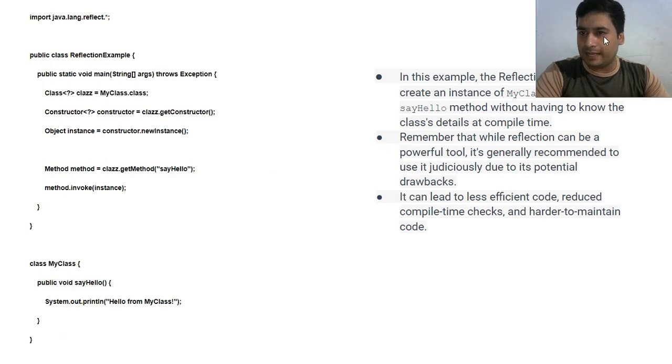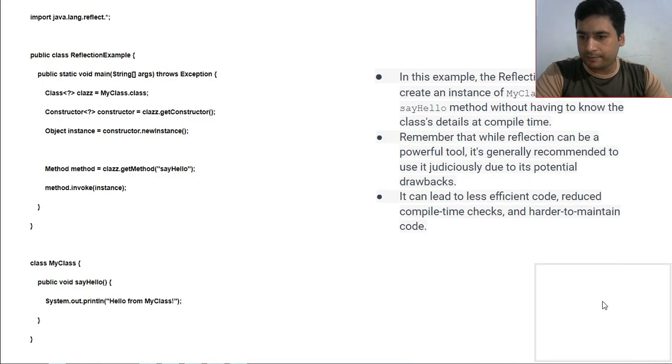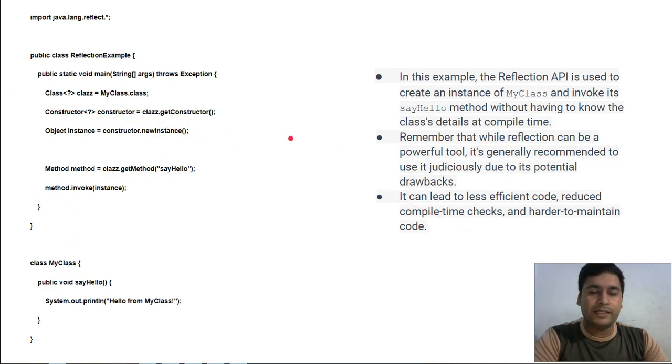If you see my slide, I have written one simple class, MyClass, with a public void sayHello method, and here I have written some properties. There is also a public class, ReflectionExample, and each and everything. In the same way I'm going to create one class, and slowly we can discuss each and everything about it.